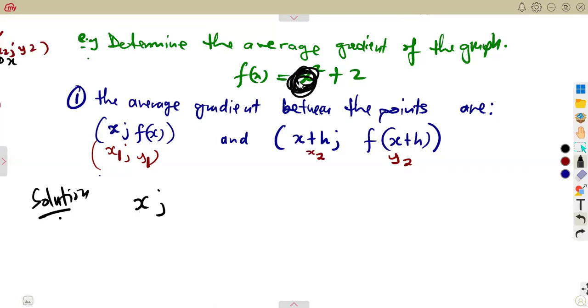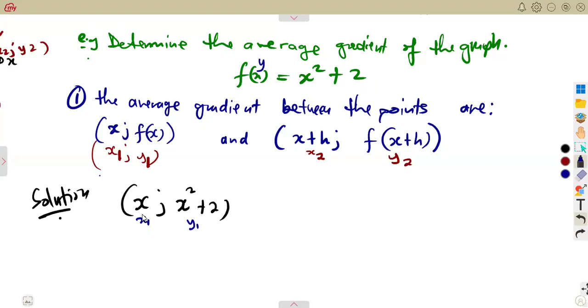And by substituting x, we are still having the original function. That's why we are writing f of x. We are still having that original function, which is x squared plus 2. That is our f of x, remember? So we still have the concept there. That is our y value. y is equal to this.